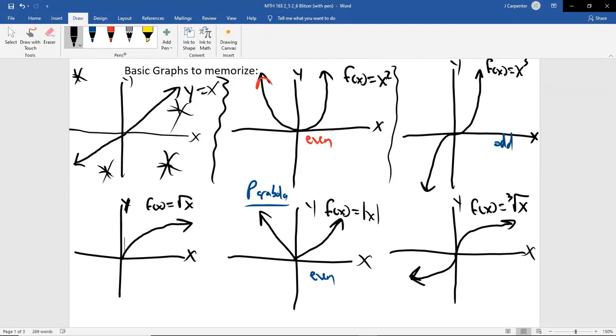Now, for the same reason that the parabola relates to the square root by just kind of tilting on its side, the same thing happens with the x cubed and the cube root. It's like you took the x cubed and tilted on its side. There's something else teeny tiny going on with it as well, but don't focus on that too much.